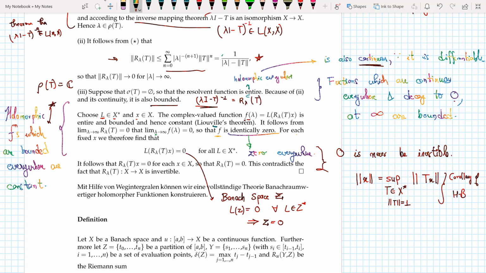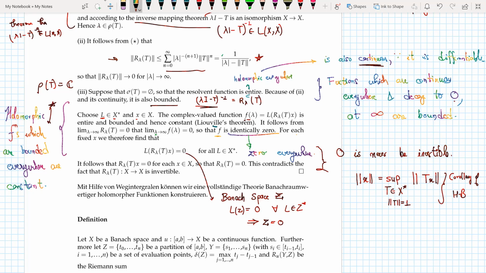And from the result I proved above, the limit as lambda goes to infinity of R lambda T is 0, and thus the limit of f lambda is also 0. So f is identically 0, because if you are constant and tending to 0, then you are 0 everywhere.